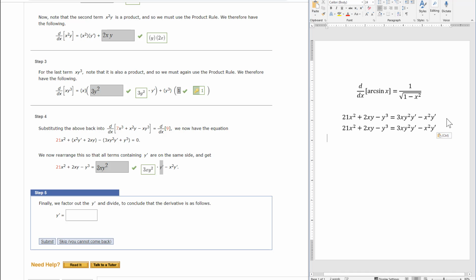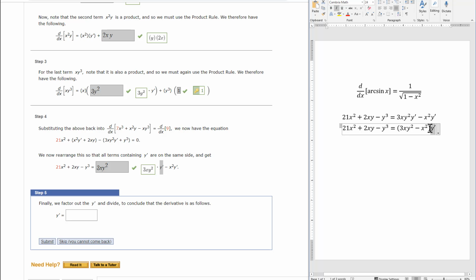And what we want to do is factor out a y prime. So here's what I'm going to do. I'm just going to factor it out. I take out that y prime and I take out this y prime, and now it becomes this thing without the y primes because I had taken it out.